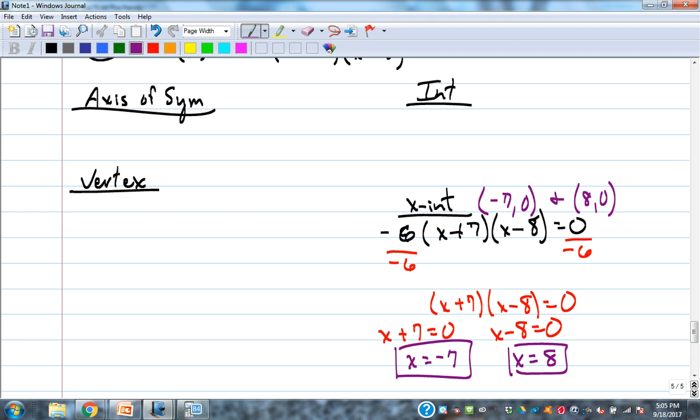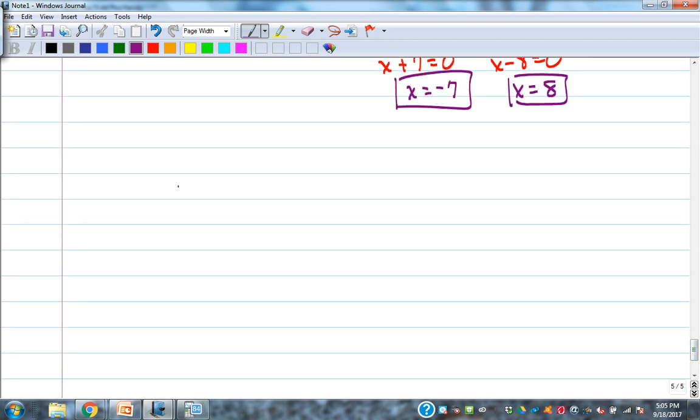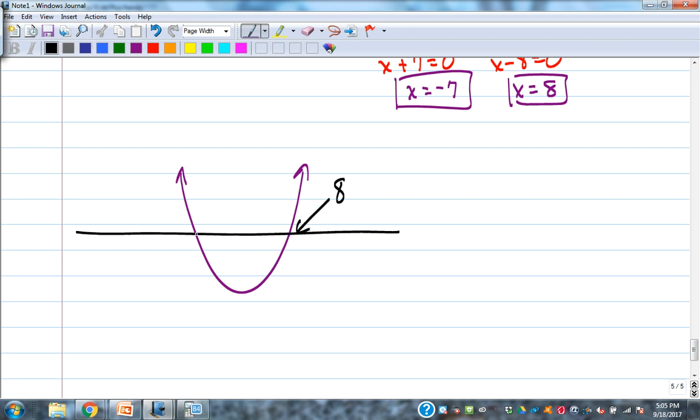Axis of symmetry. Here's what's going on, guys. You have this parabola drawn, and this thing is crossing the x-axis at 8 and -7. Halfway between there is where the axis of symmetry is. So really, the x value for the vertex or the axis of symmetry is the midpoint of those two x values.